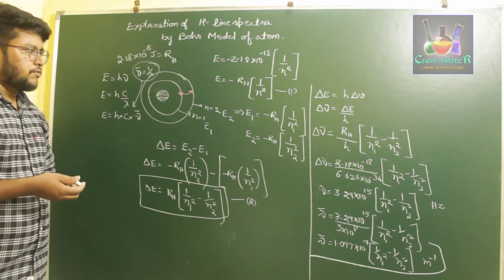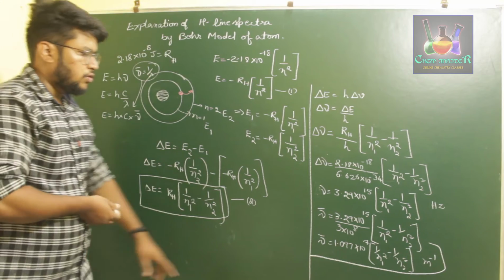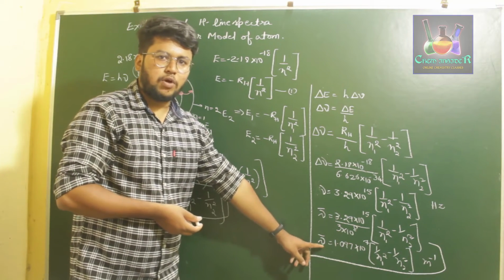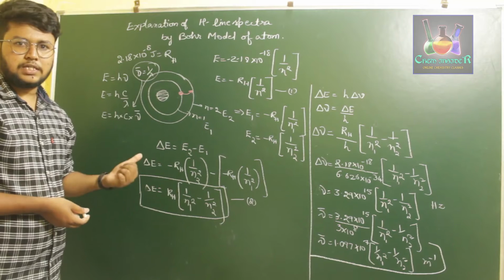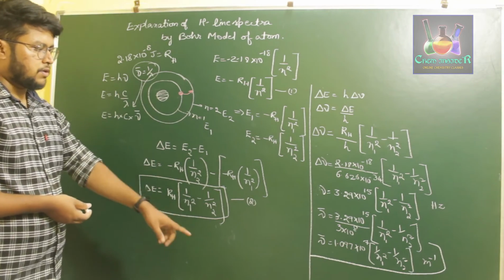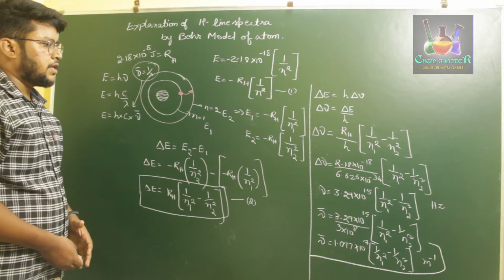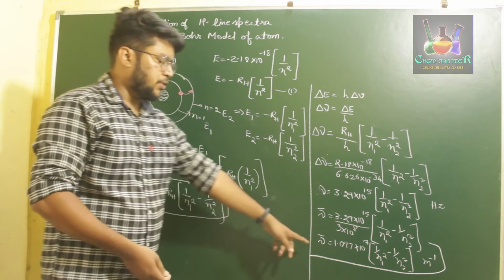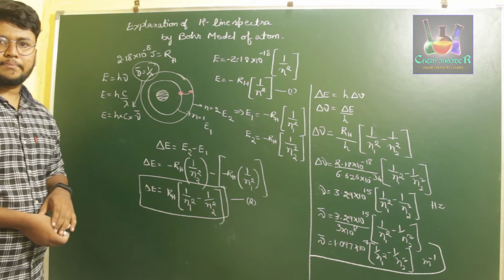If you still have doubts regarding this, go through the derivation once again. We got this expression in the video the day before yesterday, where we observed the equation of nu bar. So here we have derived the expression of nu bar using Bohr's postulates for a model of an atom.